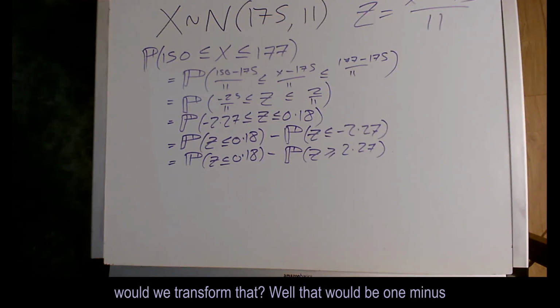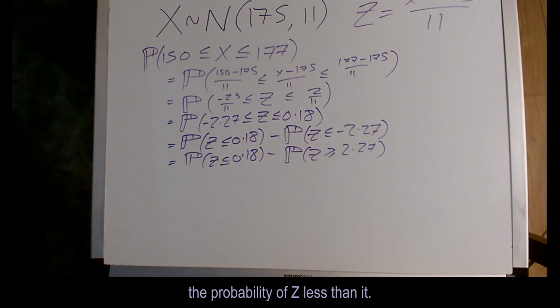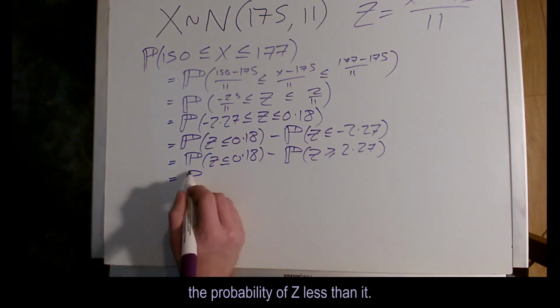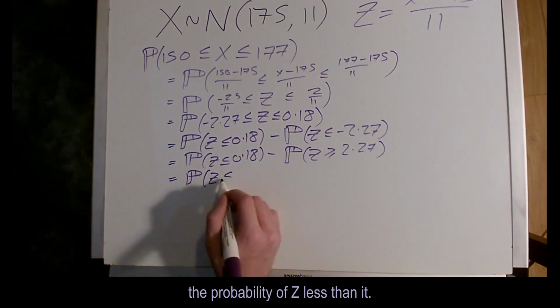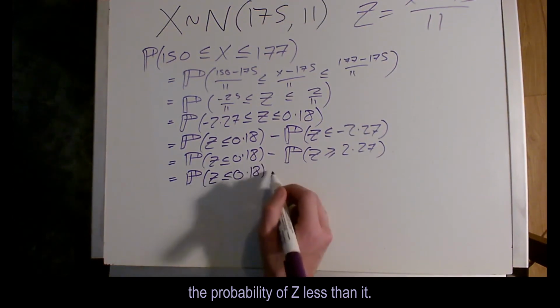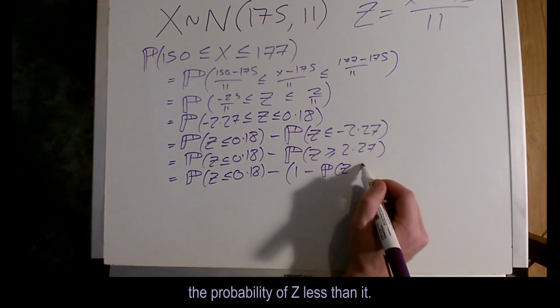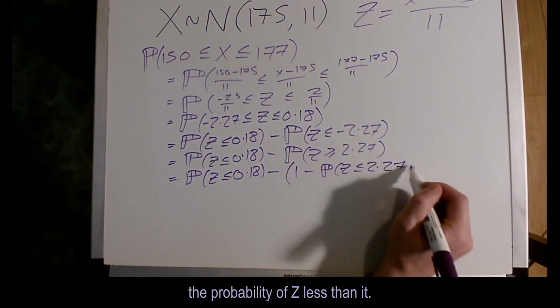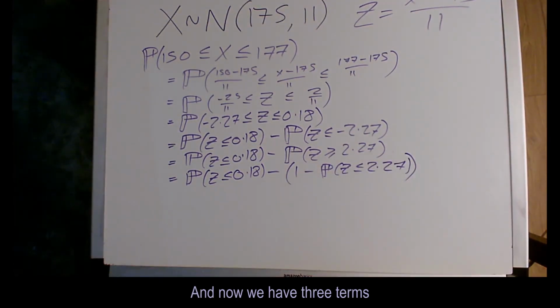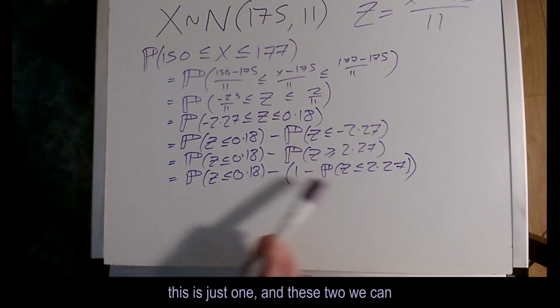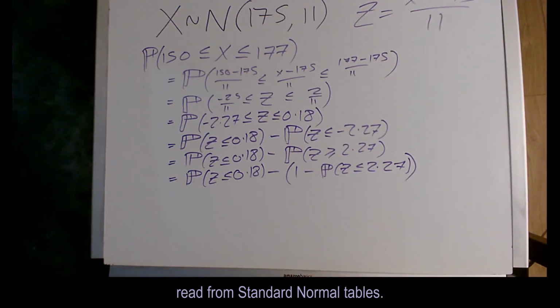Well, that would be 1 minus the probability of z less than. And now we have 3 terms that we know. This is just one, and these 2 we can read from standard normal tables.